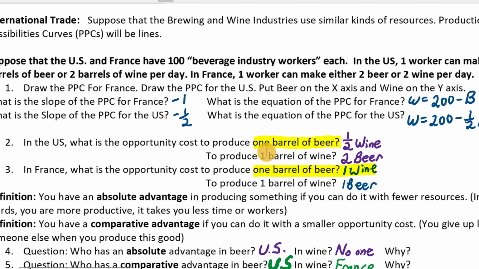So they're certainly not going to be willing to trade more than 2 barrels of beer for each barrel of wine. And if we're going to give the United States an incentive to trade, then we probably want to give them a little bit better deal than that, right? Maybe only have to trade 1.5 barrels of beer for each barrel of wine they receive in return. That would give the United States an incentive to trade here.